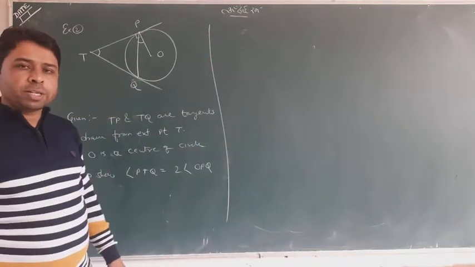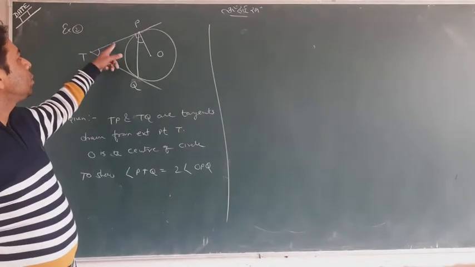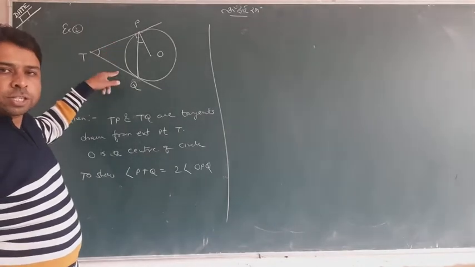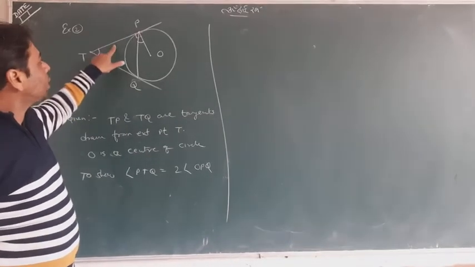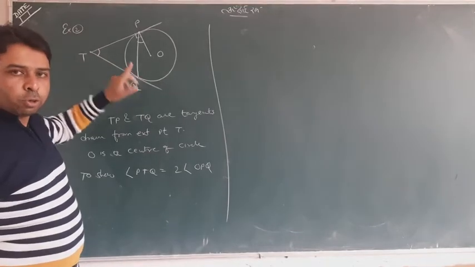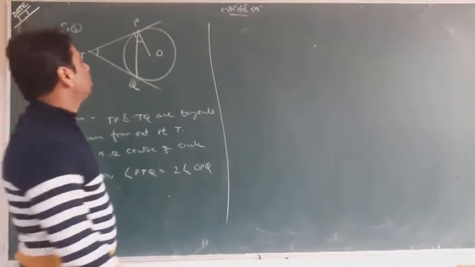I have already taught you some conclusions. First thing, since TP and TQ are tangents drawn from an external point, they are equal in length. Slowly I will tell you each and everything, you don't worry about that.